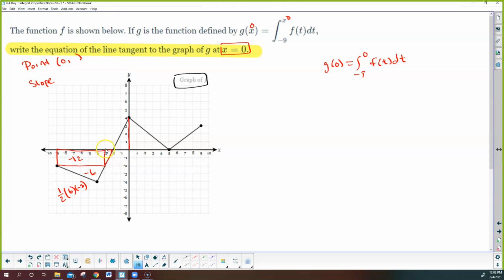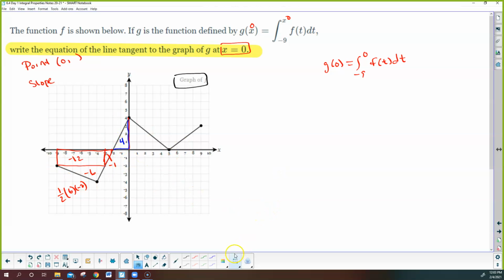This triangle is a 1 by 2, so 1/2 1 times 2. This little piece is -1. And then we do have this extra piece that's a 2 by 1, 2, 3, 4. So 2 times 4 is 8, cut in half. Tells me that's a +4.